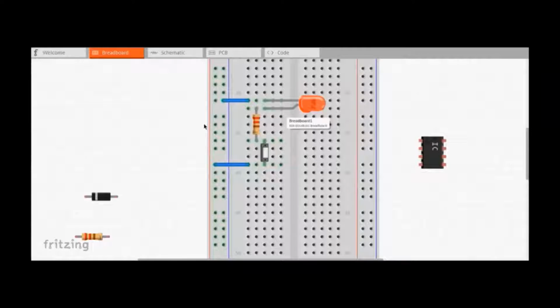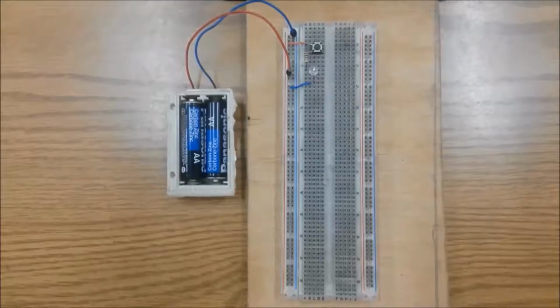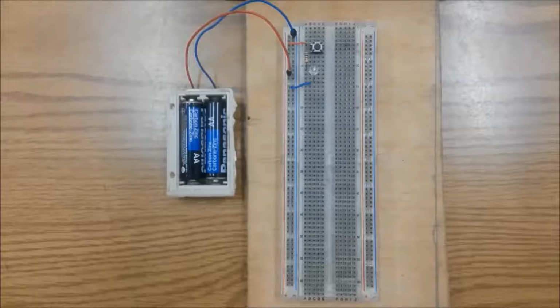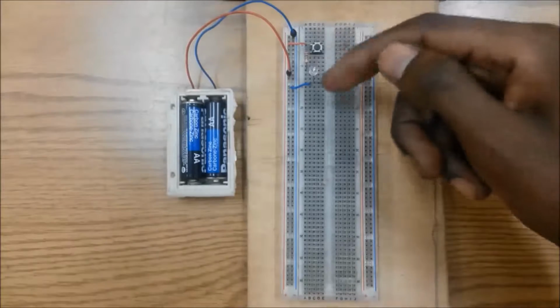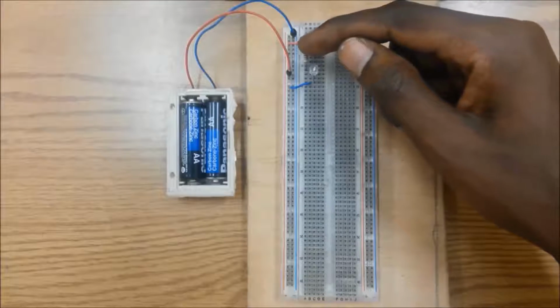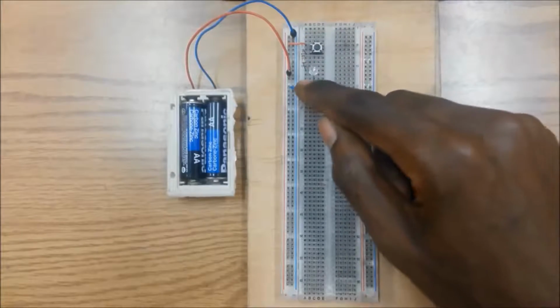So let's move away from this a bit and look at a real life circuit that I have constructed on the breadboard. So this is the circuit that I have constructed. As you can see, we have our components: a switch, a resistor, and the LED, and we have some jumper wires.